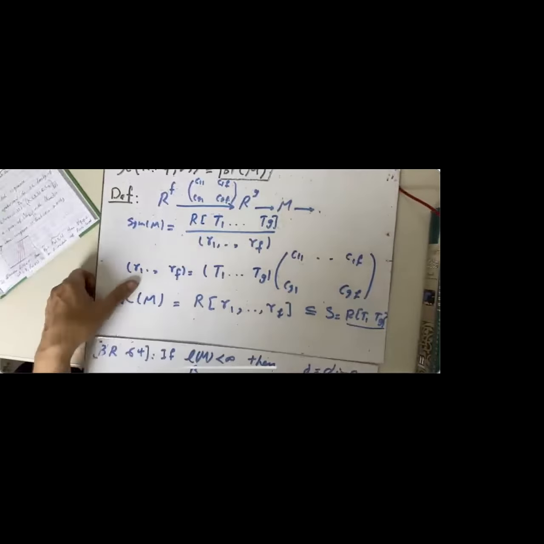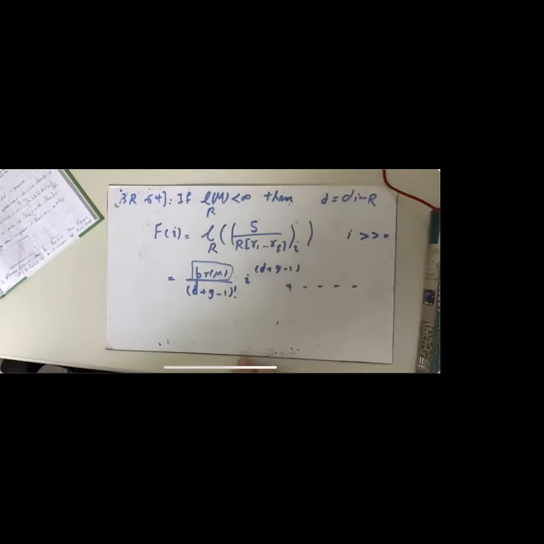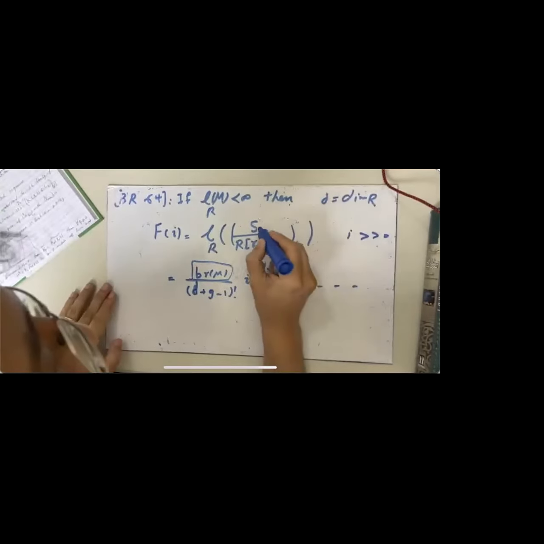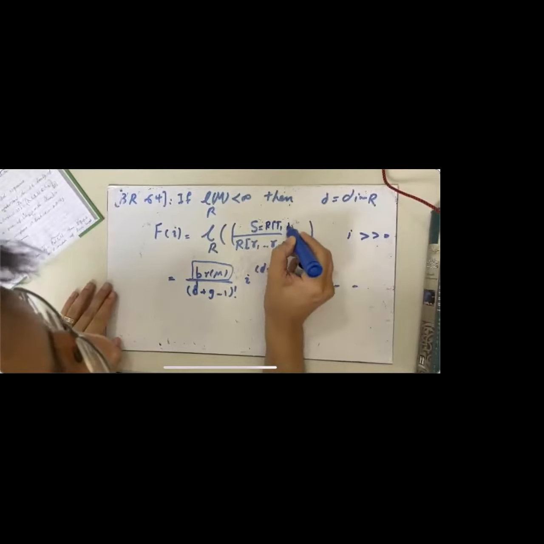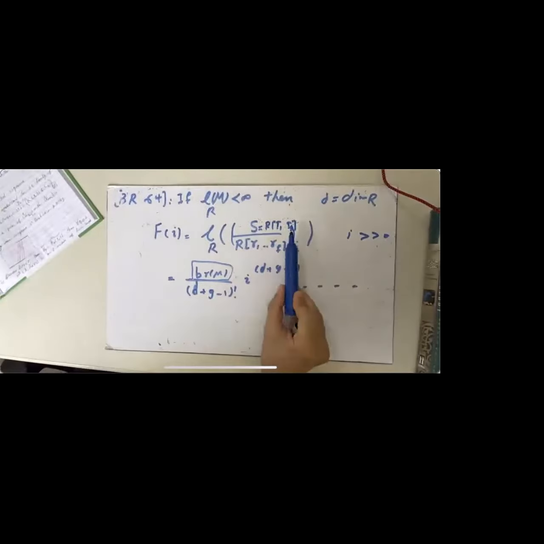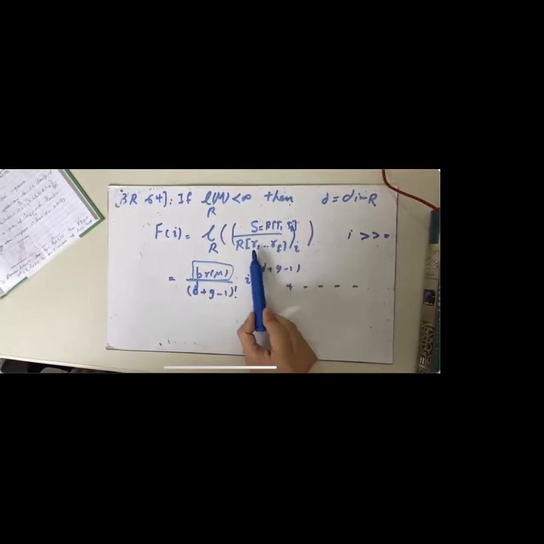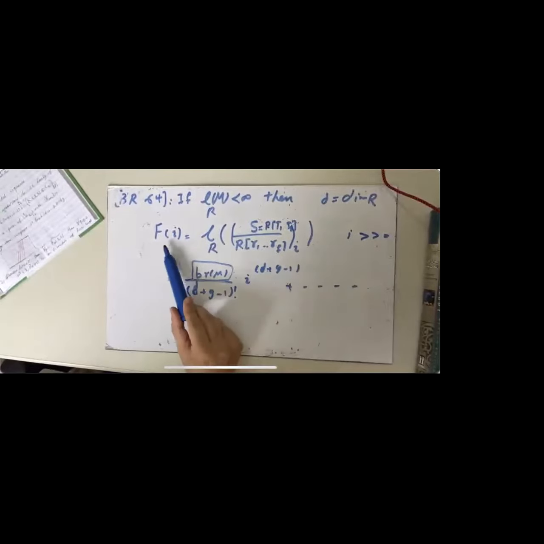And then you look at the i-th component of this quotient. So S was R[T's], the new variables, and here we have R[gammas], which are the linear syzygies. If you look at the i-th component, this is a function for i big enough, and it is a polynomial of this form, and this coefficient is called the Buchsbaum-Rim multiplicity.